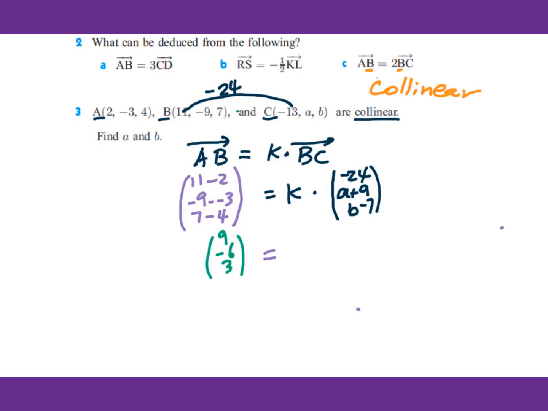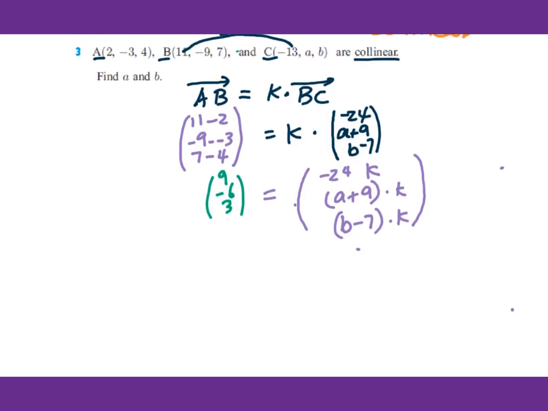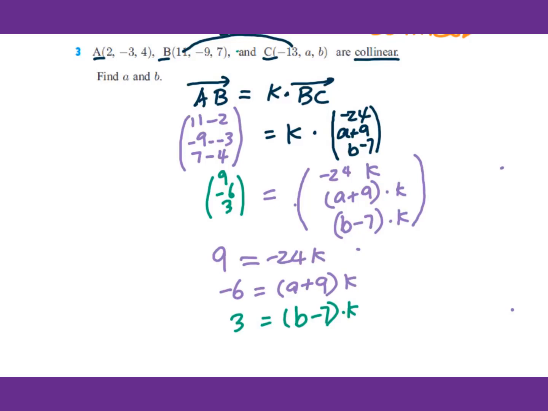So every component you multiply by K, you will get negative 24K, A plus 9 times K, and B minus 7 times K. Then the corresponding components equal to each other, we set up 9 equals negative 24K, negative 6 equals A plus 9 times K, and also 3 equals B minus 7 times K. From the first equation, we can figure out K equals 9 over negative 24, that's negative 3 over 8.